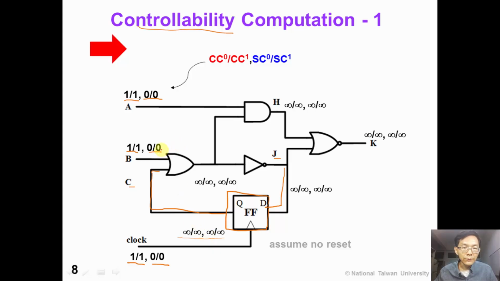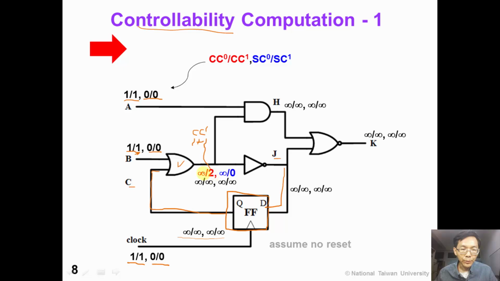Now, starting from the primary input, we can compute the controllability level by level. First, let's look at this OR gate. The output of this OR gate can be computed by the equation shown in our previous table. The CC1 of the output of the OR gate is equal to the minimum of the CC1 of gate input, which is 1, plus 1.